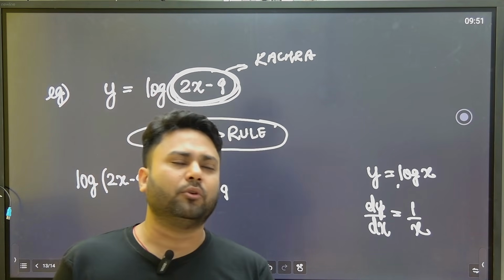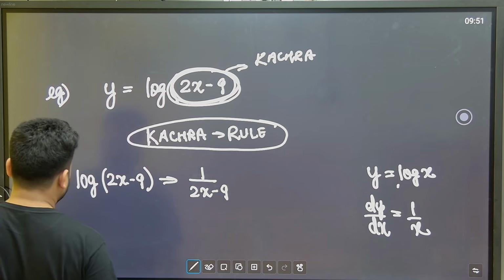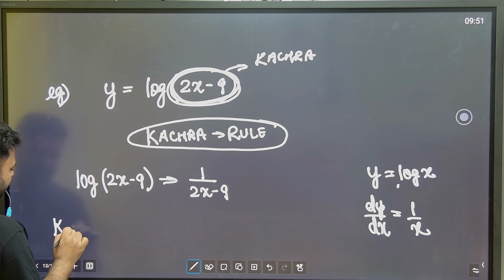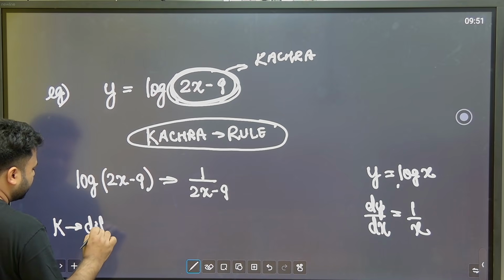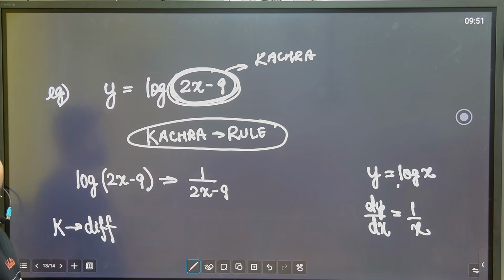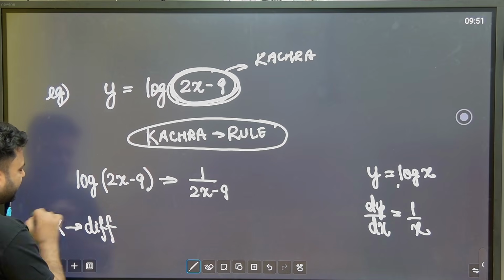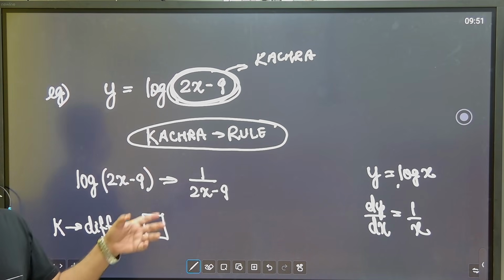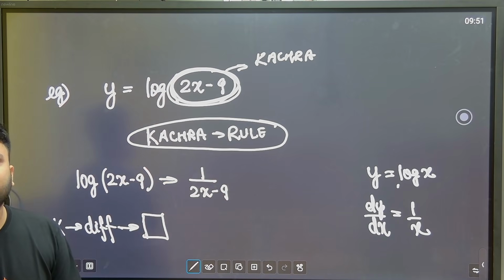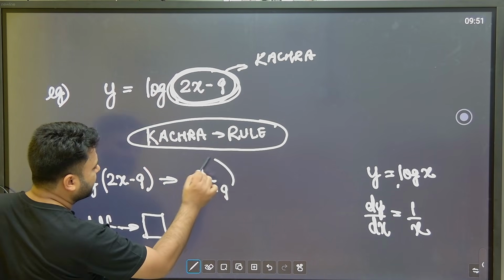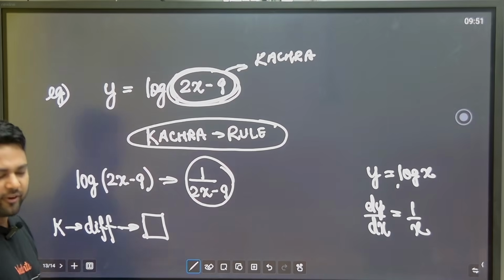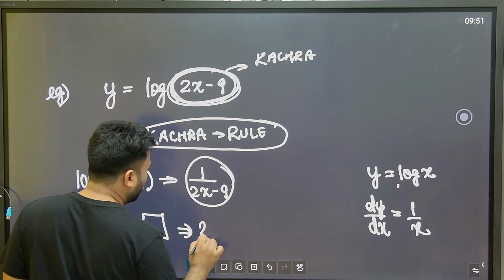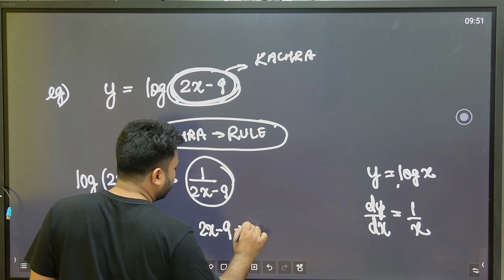One more step you have to do. What is the one more step? This kachra, you differentiate the kachra. Whatever you get after differentiating the kachra, you multiply with the answer you got. For example, 2x minus 9 was our kachra.